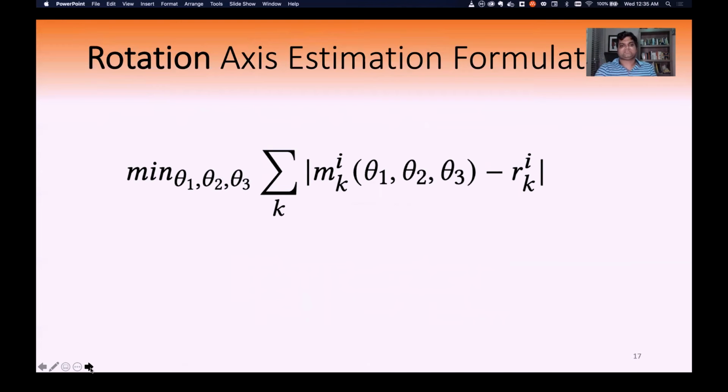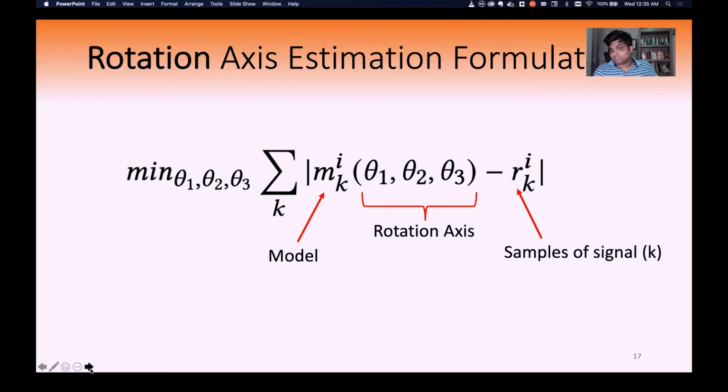And this is our optimization framework, where M_k is the model, and θ1, θ2, θ3 is the rotation axis, and R_ki is the sampled signal. We minimize over θ1, θ2, θ3, and we get the corresponding value.